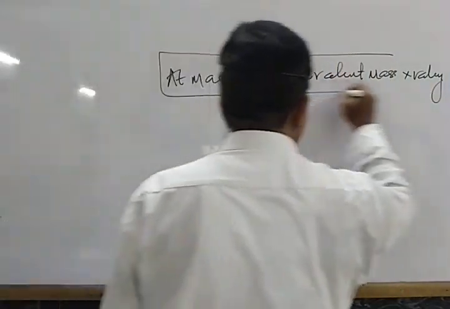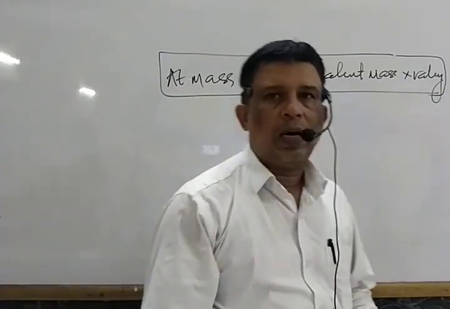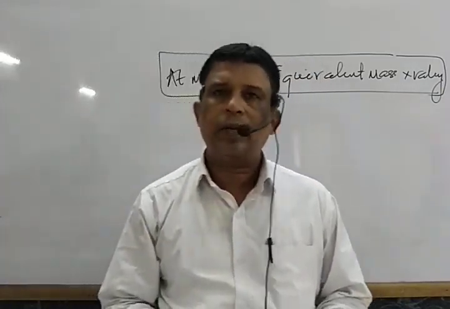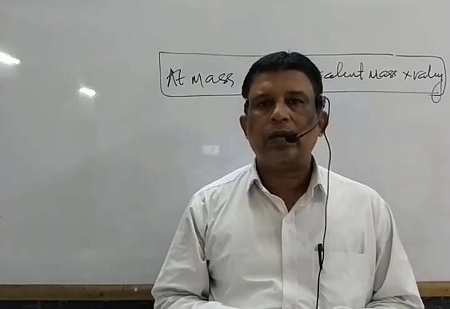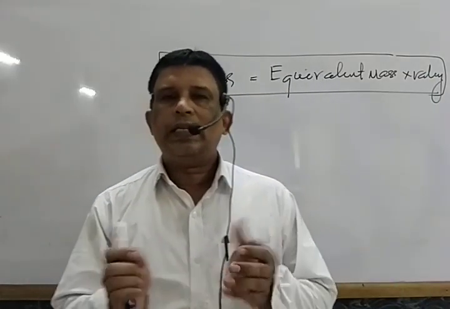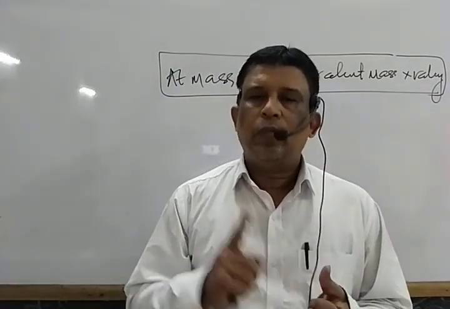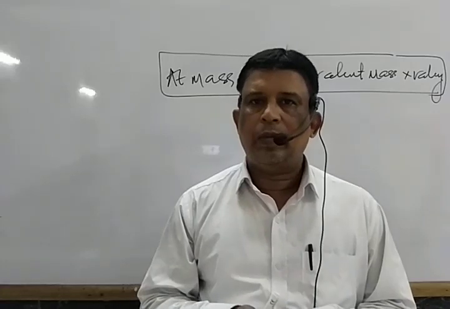Mark that. Atomic mass is equal to equivalent mass into valence. It is another mathematical expression for calculation of atomic mass. So it is a little idea about atomic mass, gram atomic mass, molecular mass, gram molecular mass.